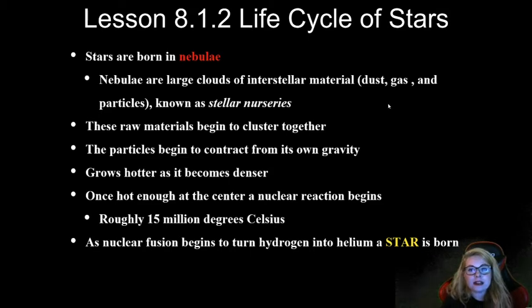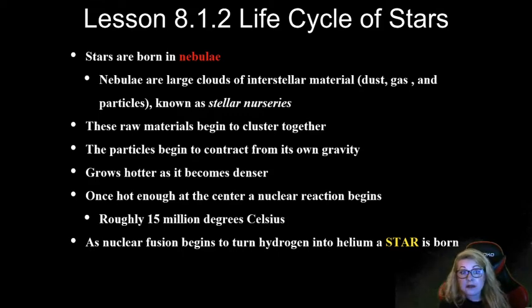What happens is that these raw materials begin to cluster together. So the dust, the particles, and the gas, they begin to cluster together, and they begin to contract from their own gravity. So the gravity of all these things begins to contract, and it grows hotter and becomes more dense. And once it's hot enough at the center, nuclear fusion, or a nuclear reaction that we talked about briefly in a previous video, begins to happen.